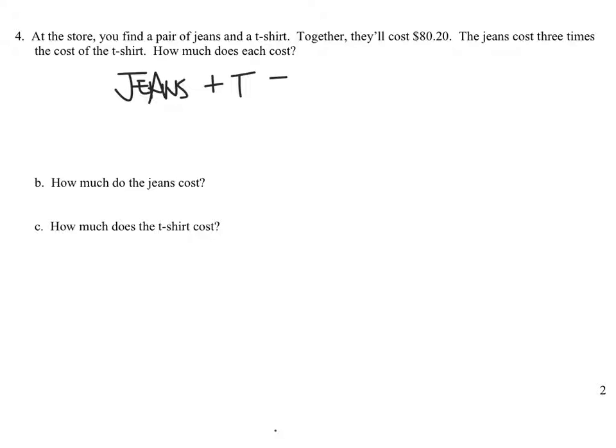And when we add these, they should be $80.20. Right here. Well, from right here, it told us that the jeans cost 3 times the amount of a t-shirt. So jeans is like taking 3 t-shirts in cost. The t-shirt is like taking a t-shirt in cost.